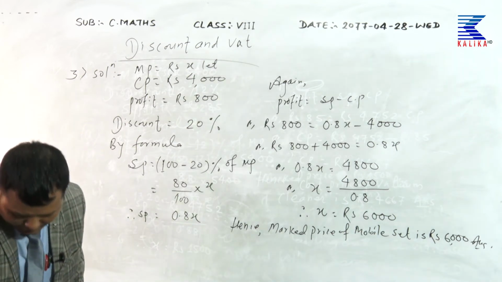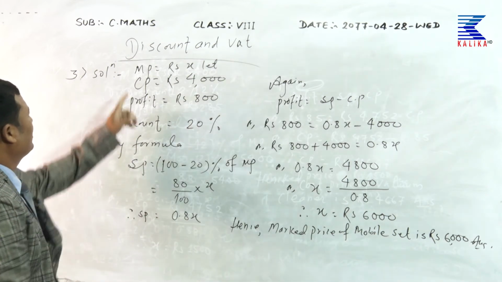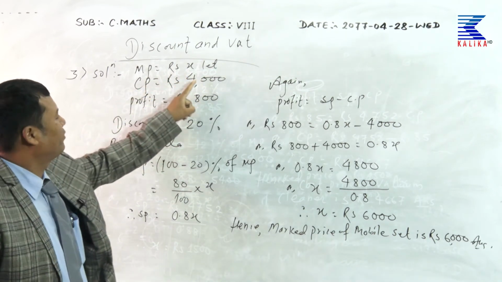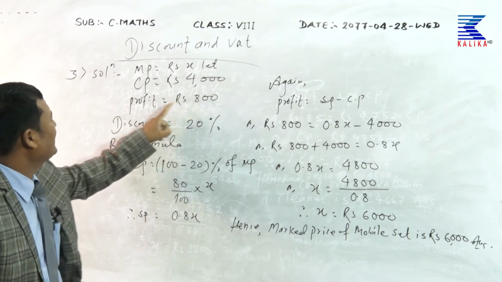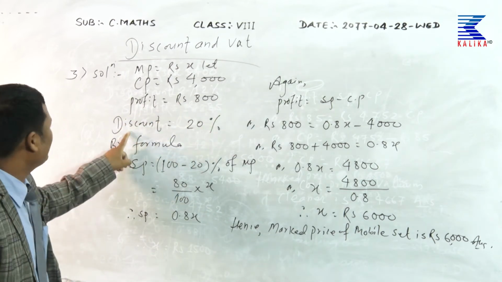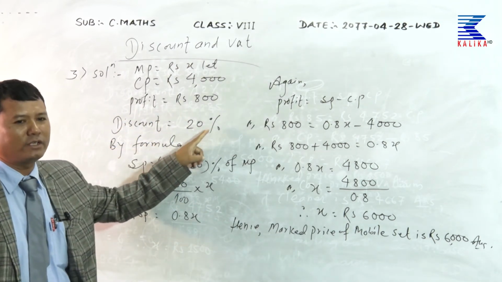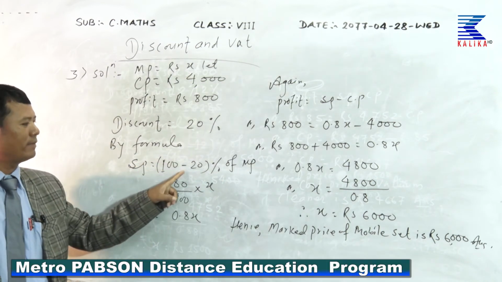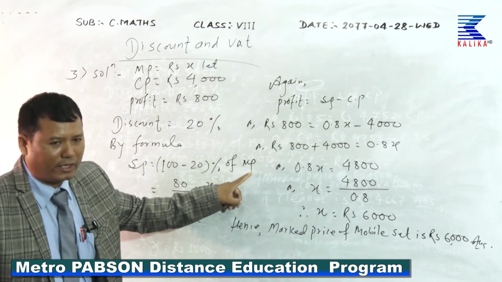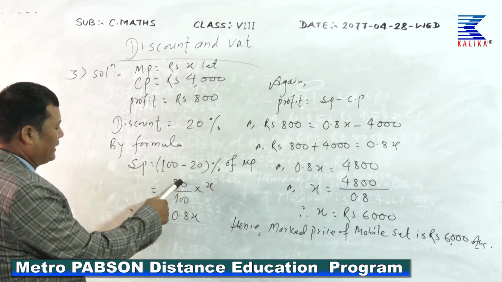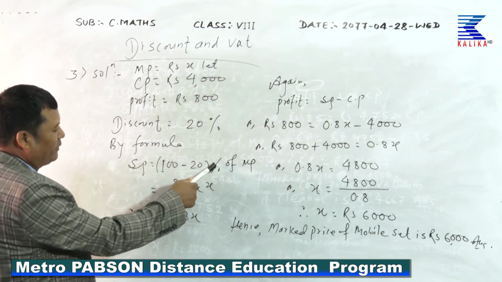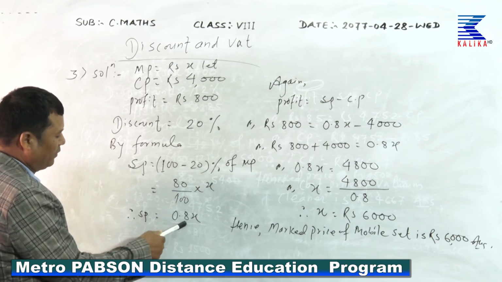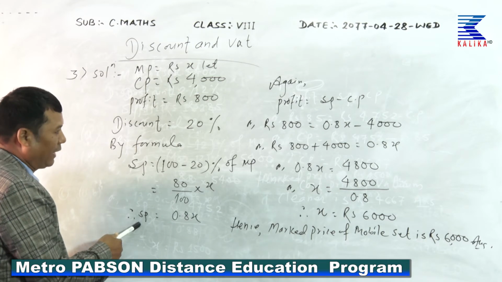Once more please. Market price is unknown here, so it will be x, and cost price is 4,000, profit is 800 and discount is 20%. By formula SP is equal to 100 minus 20% of market price. So, 80 divided by 100 into x, 0.8x, is the selling price.